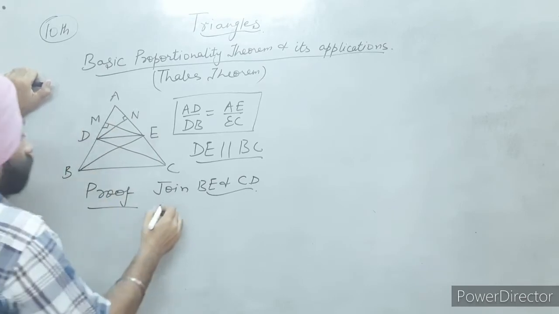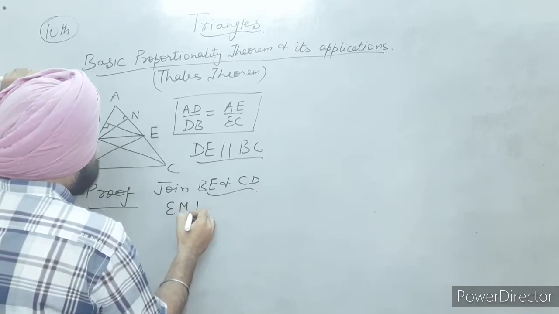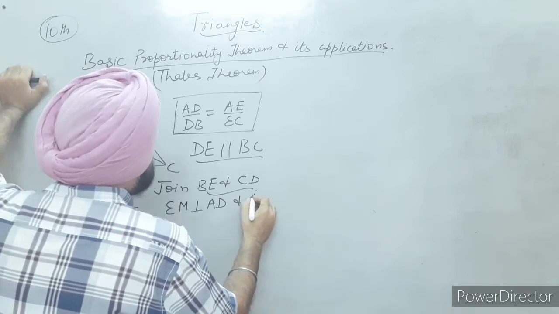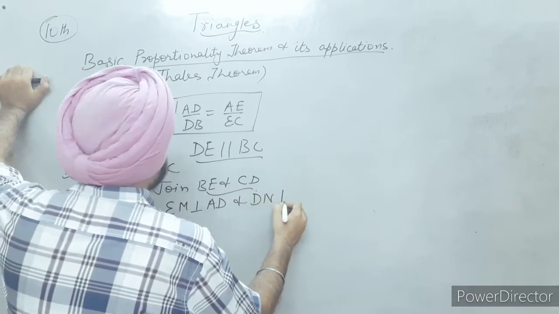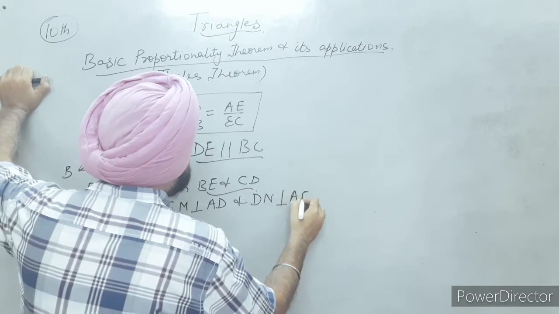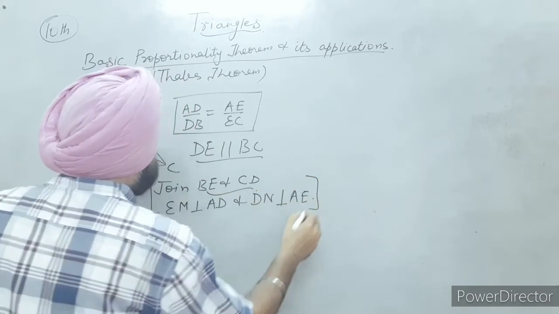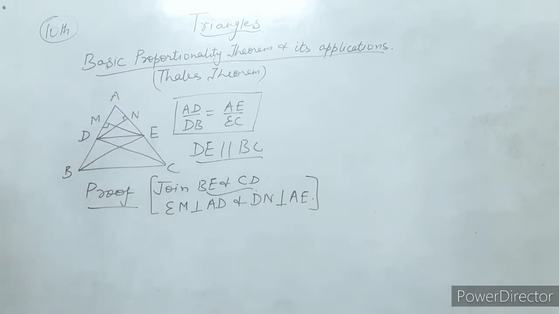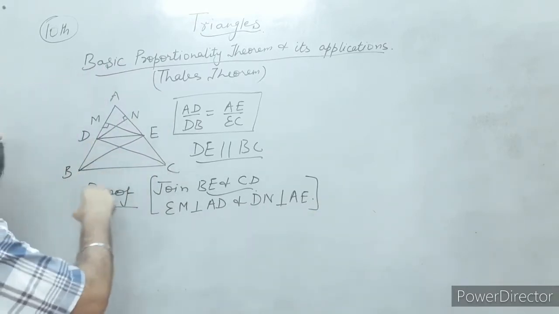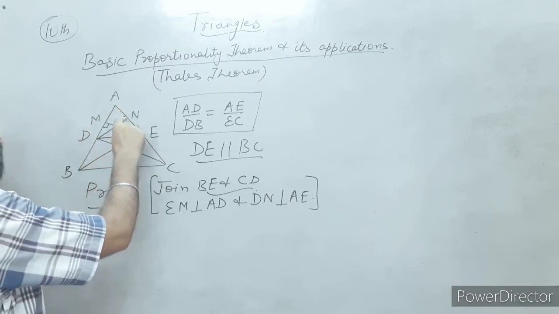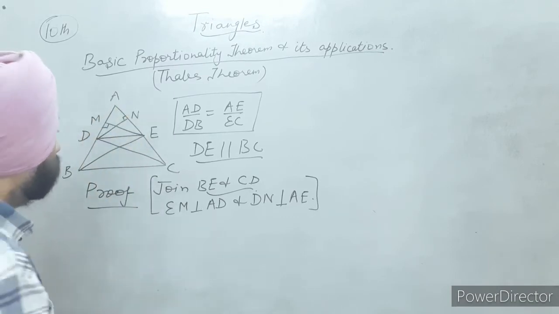EM is perpendicular to AD, and DN is perpendicular to AE like this. This is the construction part which we have to do. Join BE and CD, then drop EM perpendicular to AD and DN perpendicular to AE.